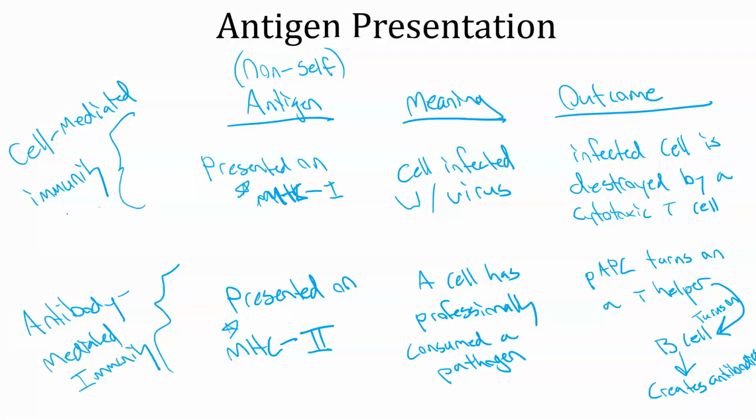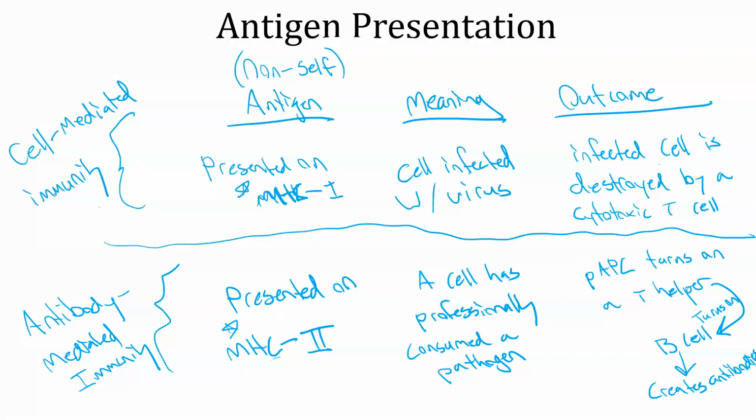Okay, two different sides of the adaptive immune system. You got non-self antigen presented on MHC class 1. What that means to the body is that that cell is likely infected, and so it's destroyed by a cytotoxic T cell. You have antigen, non-self antigen presented on MHC class 2.